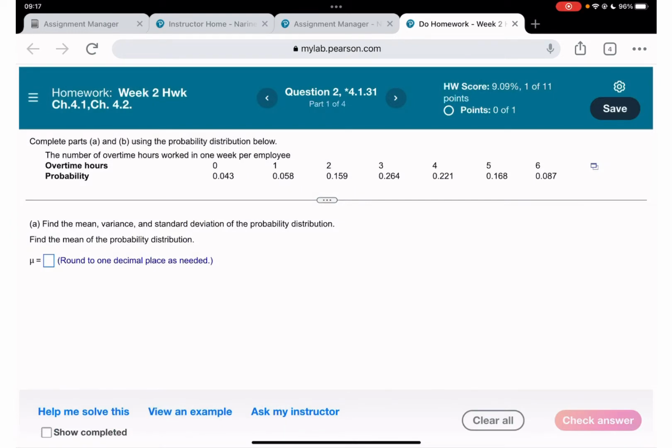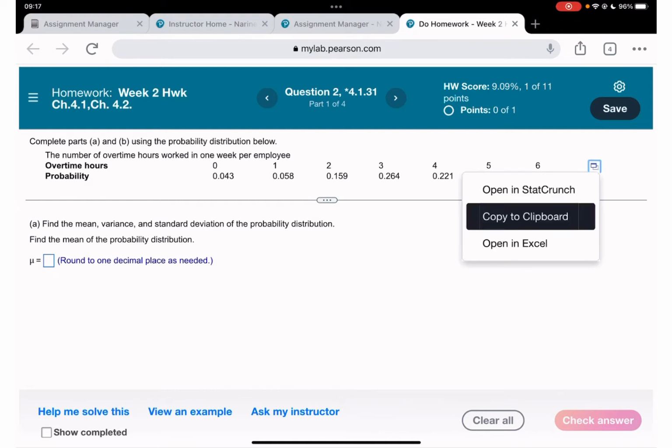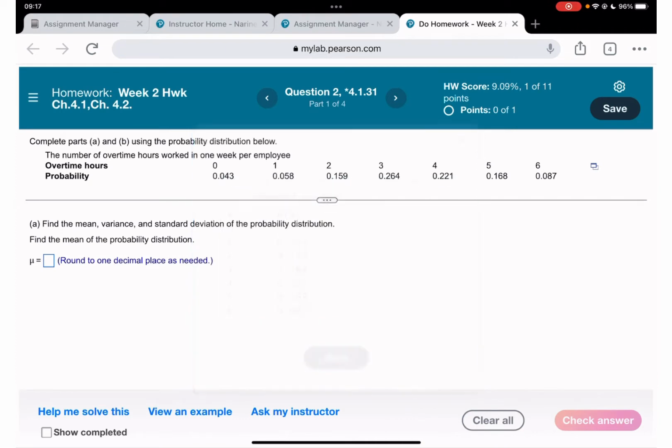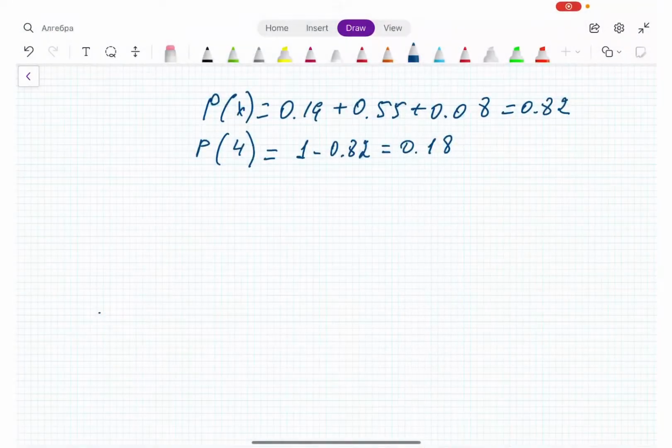So let's see, what do we have here? We have a probability distribution. We need to find the mu. I'll try to copy it to the clipboard and paste it here.